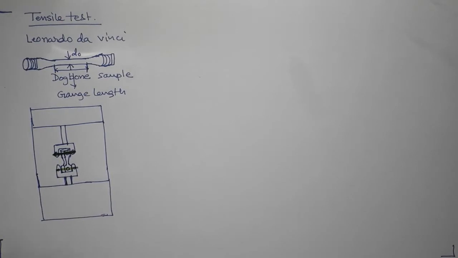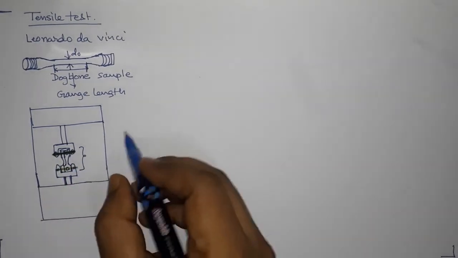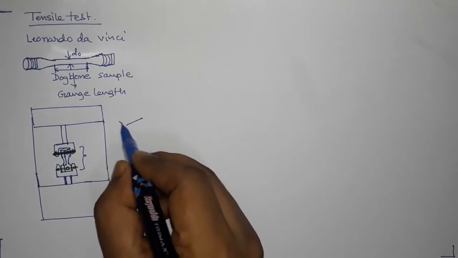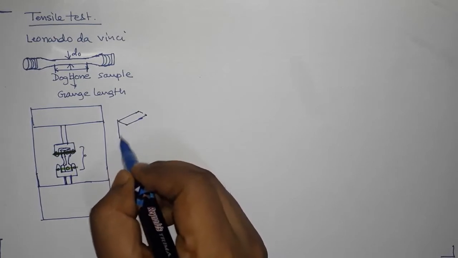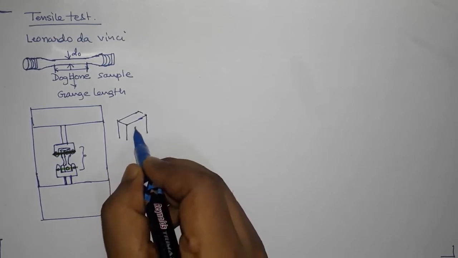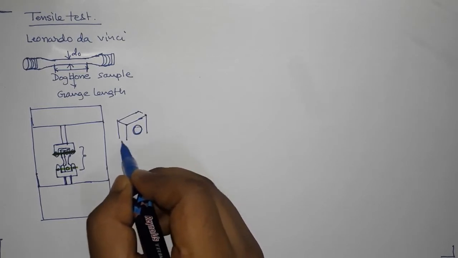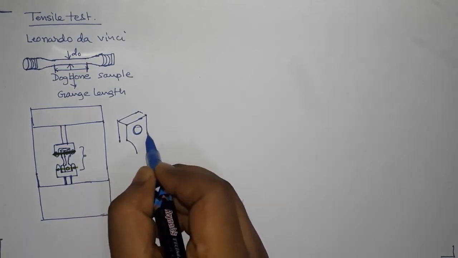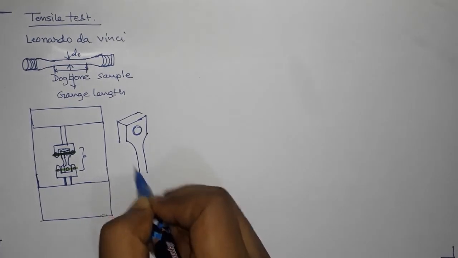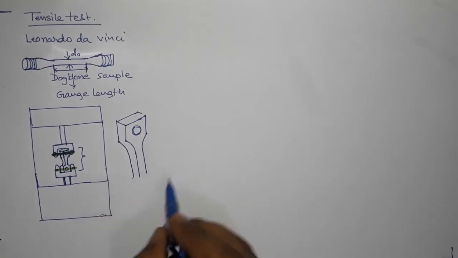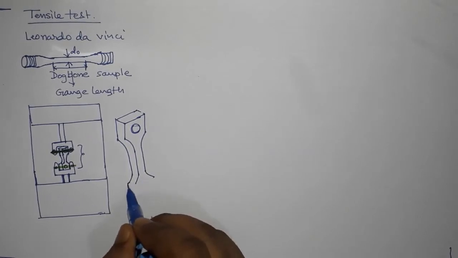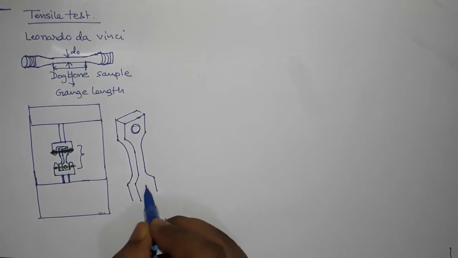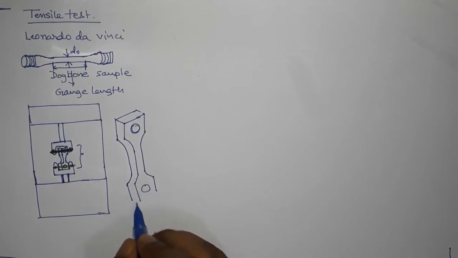So this part actually will look like something like this. Here you will have a hole, and then you will have this gauge length, and this is a rectangular specimen. Then you will have another hole, the downwards hole there, right?